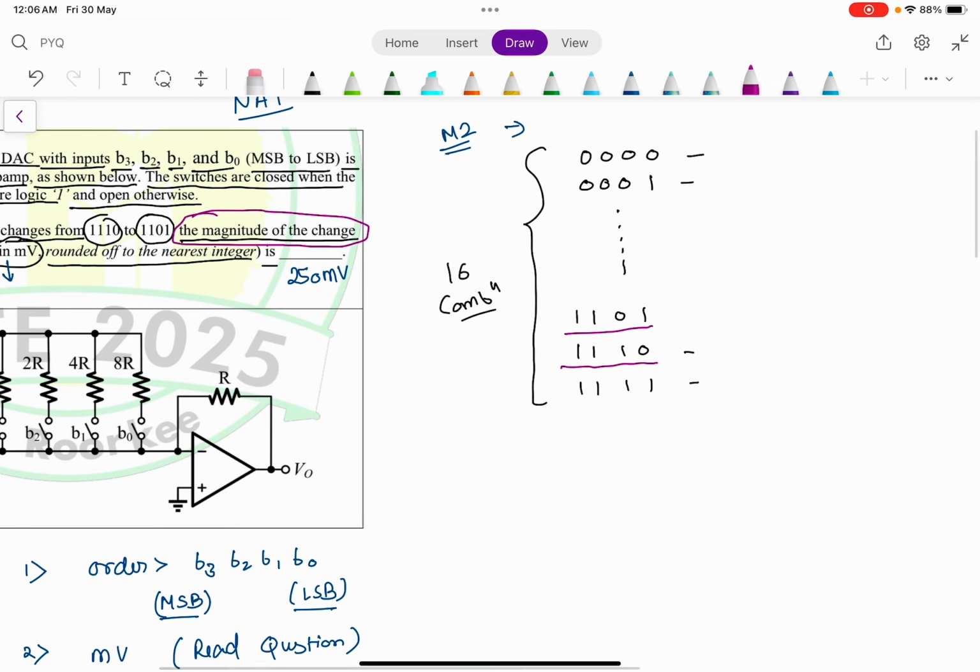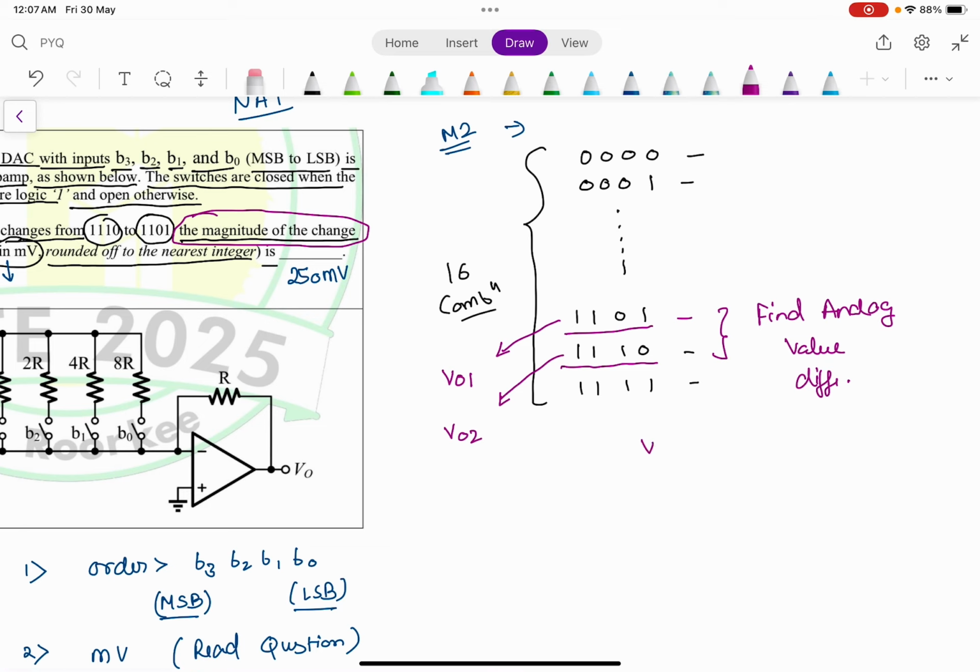The question asks us to find the analog value difference between these two bit combinations. The analog value corresponding to one is, let's say, V01, and the analog value corresponding to the other is V02.